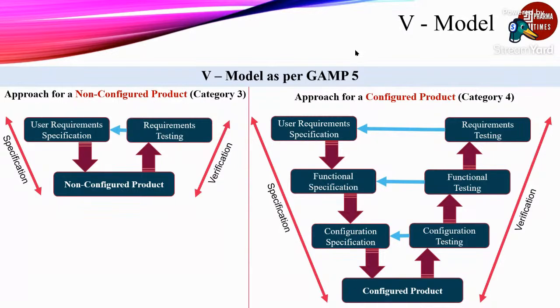So this category 4, meaning configured product, represents the FDS, meaning design documents we already discussed in the previous session. Meaning the FDS, functional design specification, DS, and CS, configuration specification, which are provided by the supplier or vendor. So the left side of the V represents our requirement, and based on our requirement, some configuration and some functionalities are developed by the vendor.